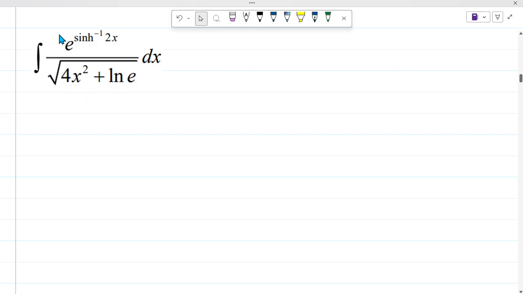Previously in my other videos, we have been solving a lot of integral questions involving e to the power of something, or involving an exponential function. You have to be aware that immediately when you have an exponential function like this, you should remember that this is a question that involves integrating exponential functions.